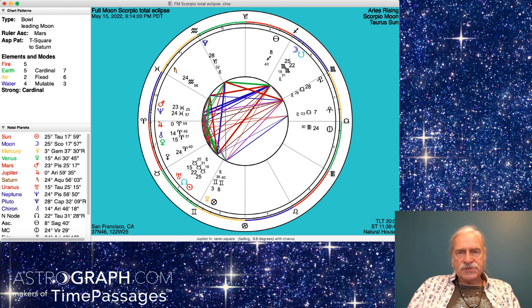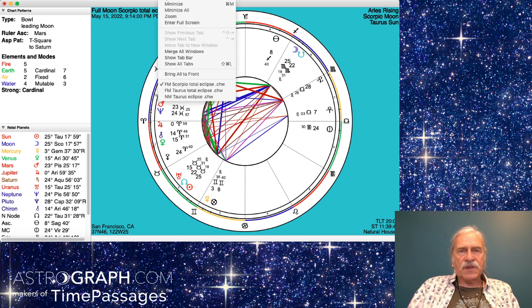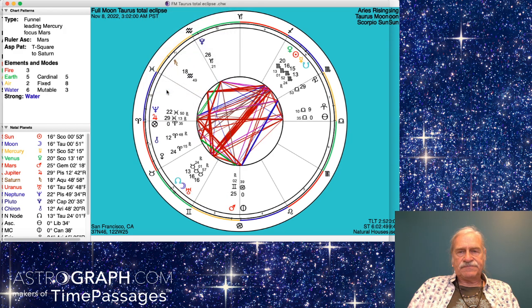And then before we close, I'd like to look at the coming eclipse in November, which, as I was referring to before in the fall eclipses, it's also the same Scorpio Taurus axis. And here we have the November eclipse, which is a full moon in Taurus. And this is a fascinating eclipse.